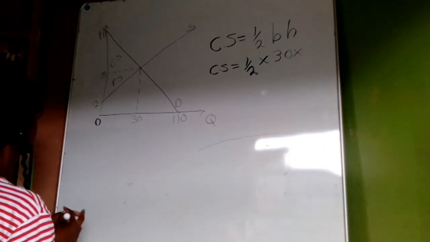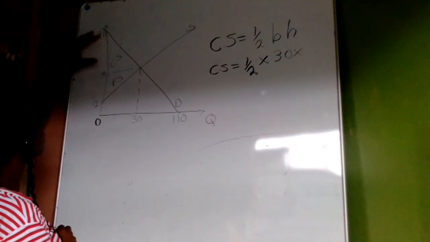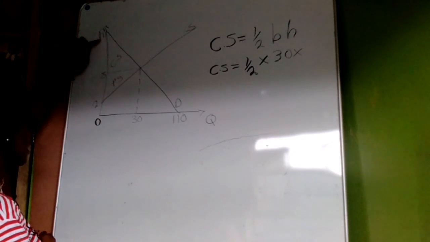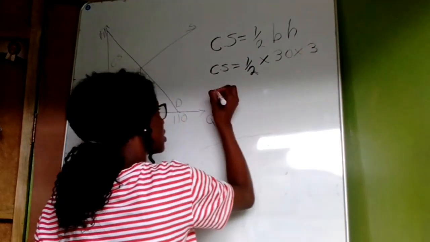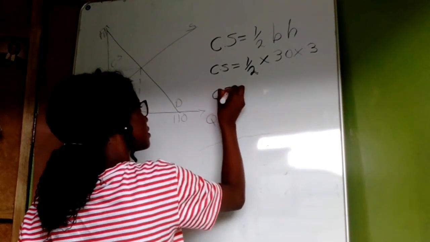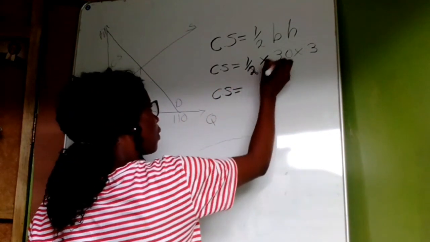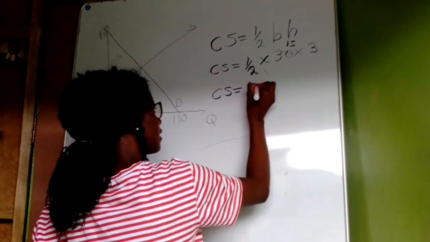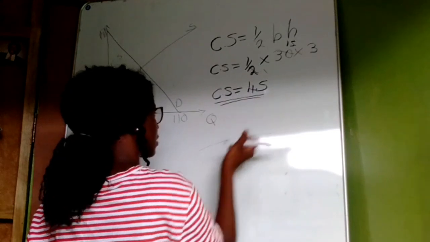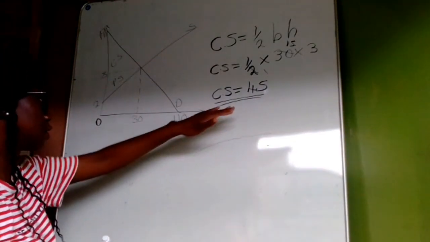Times the height, which is the distance from 8 to 11. To get this height, we just subtract 11 minus 8, which is 3. So consumer surplus is half of 30, which is 15, times 3, that's 45. So this is our surplus, 45.